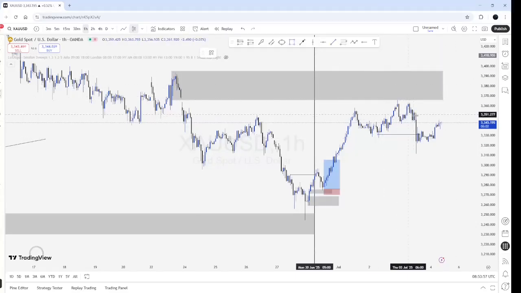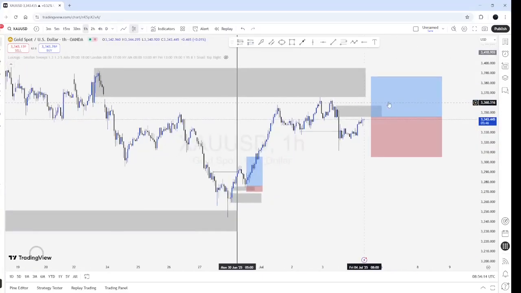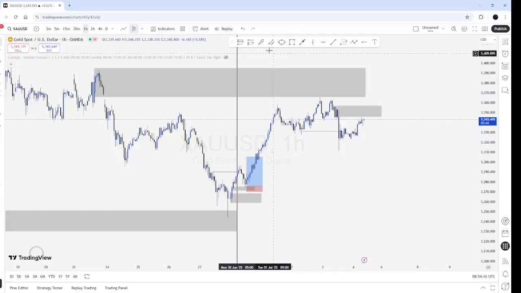Right now, you have your zone over here. Obviously, price is struggling to use this zone. Then you take your sell position here. I might even take this trade.